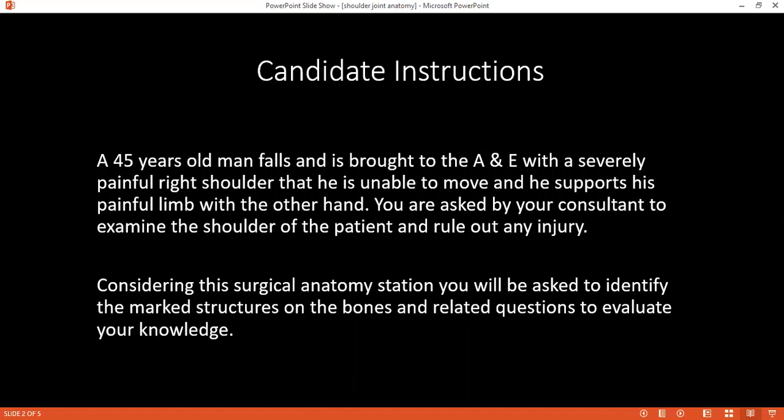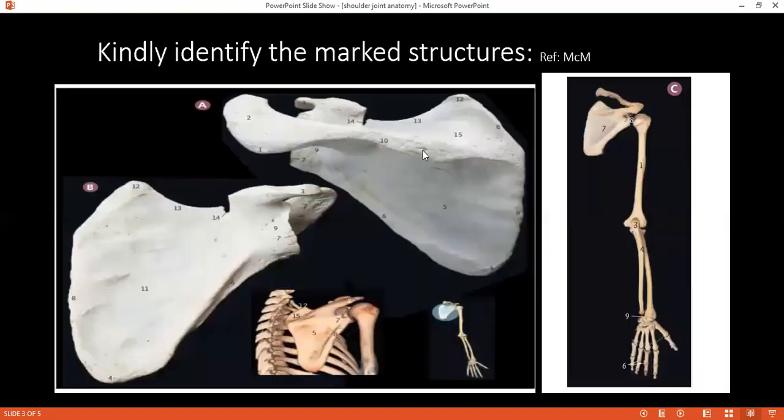Right, so if you have read and understood, considering its surgical anatomy patient, kindly tell me what image you are looking at? The image on the right side, labeled A, is the dorsal view of the scapula, and image B is the anterior view of the scapula.